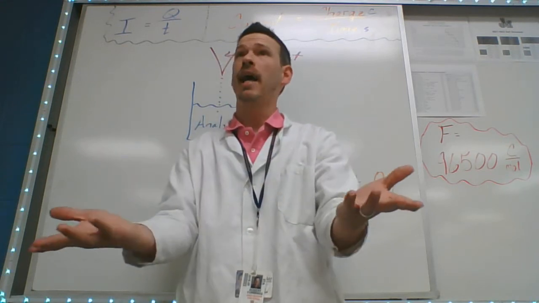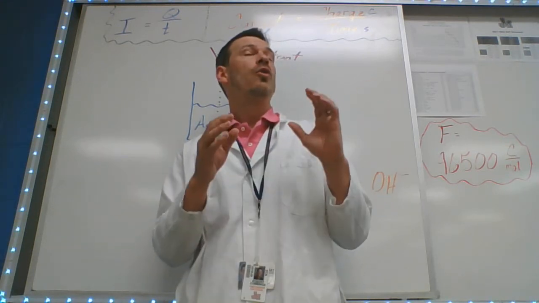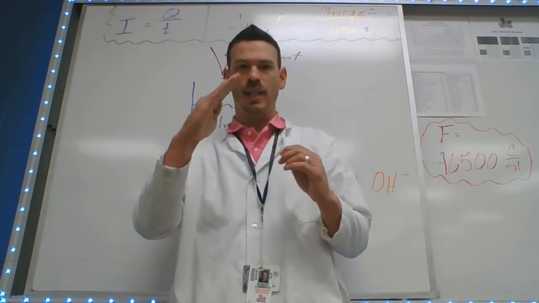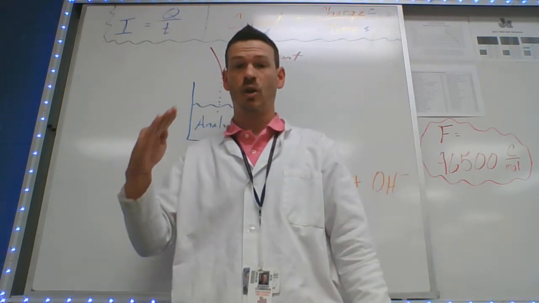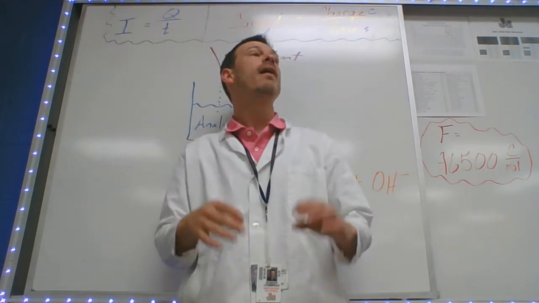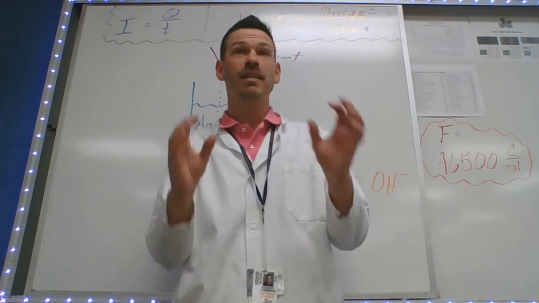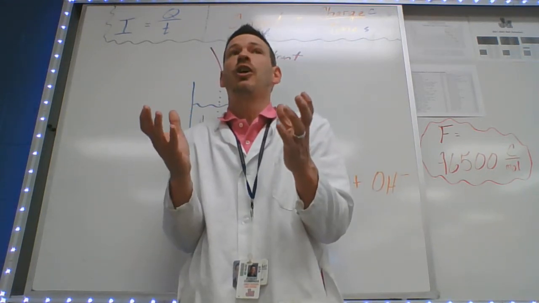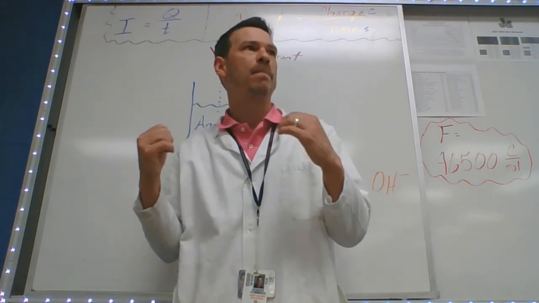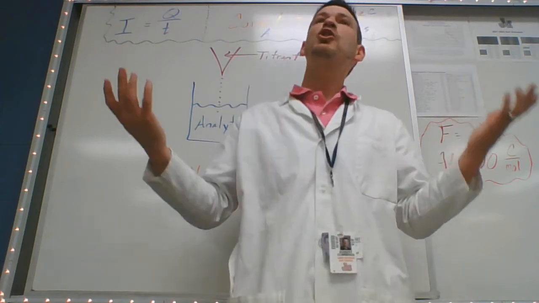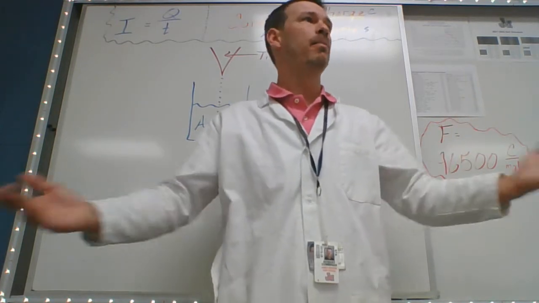I used your blood as an example. The reason that it's not a linear line, the reason that when you start the titration it doesn't just start, okay, here we go, we're adding hydroxide, is because in that buffered system, it initially resists the change. It starts to change a little bit, but it puts up a fight before that pH starts to change. But once you break the buffer, remember the buffer is not perfect.